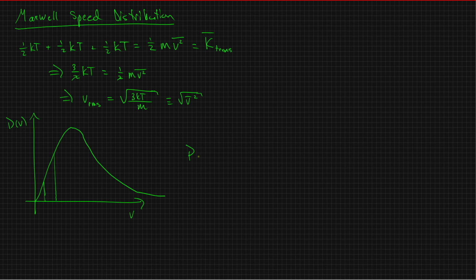If we want to find the probability between V1 and V2, we take whatever this probability distribution is and integrate between the two velocities. So it's just the probability of being between V1 and V2.